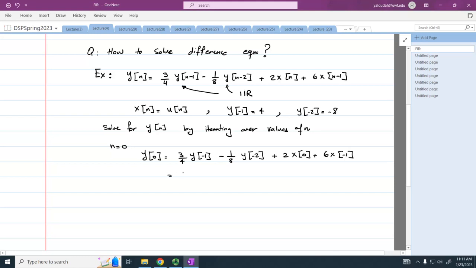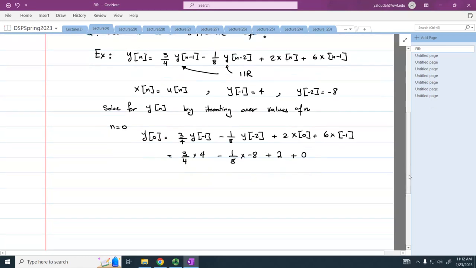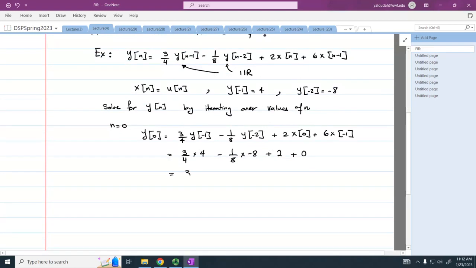What is this going to equal? 3 over 4 multiplied by y of negative 1, which is 4, minus 1 over 8 multiplied by negative 8, plus 2 multiplied by x of 0, which is 2, plus 6 multiplied by x of negative 1, which is 0. What is this value going to equal? 3, plus 1, plus 2, which is going to equal 6.